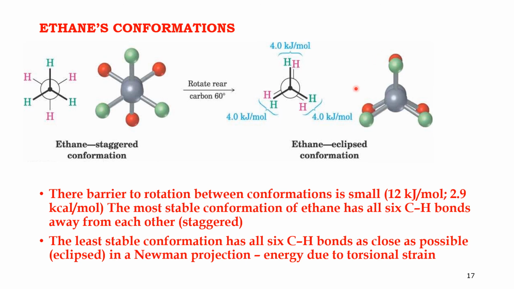Hence, eclipsed conformation is least stable and it has high torsional strain. So, for the ethane molecule, the Stargate conformation is highly stable while the eclipsed conformation is least stable.